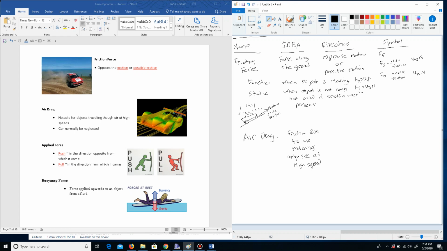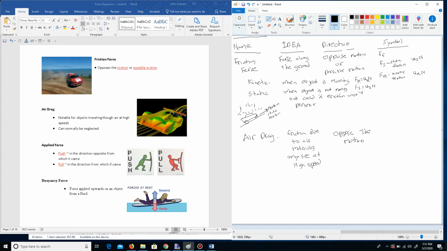An object falling off a second-story window, we're not going to really worry about it unless the object is really, really small. So a lot of times we do neglect it. The direction is very similar to friction. It opposes the motion. However, I don't think there's any way it can oppose possible motion. So it's just really opposing the motion.